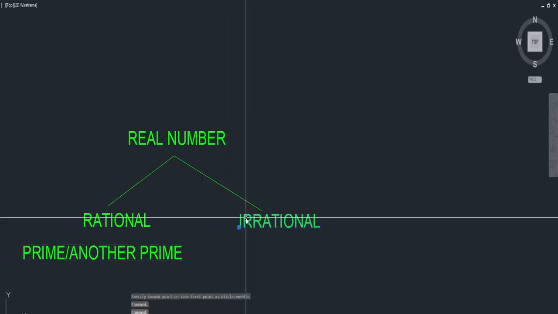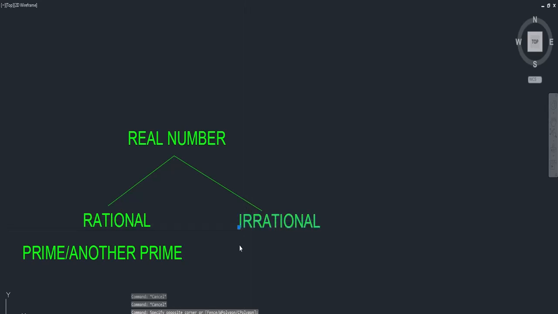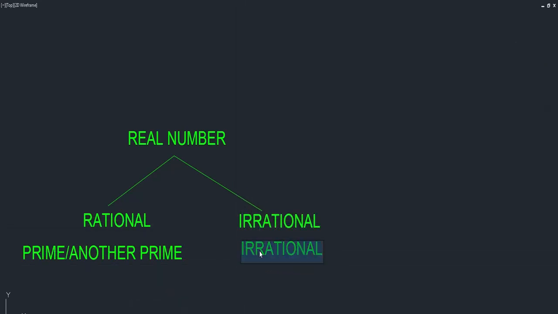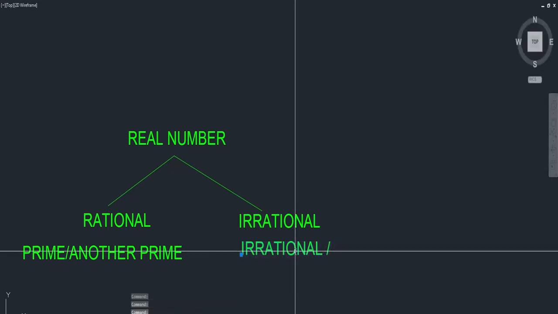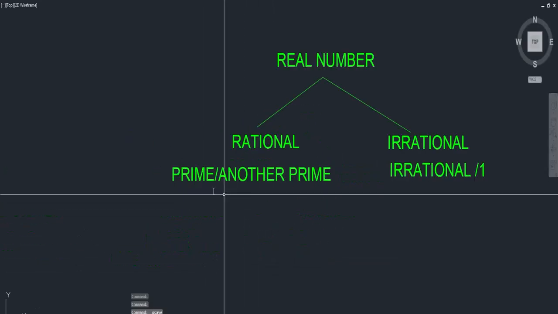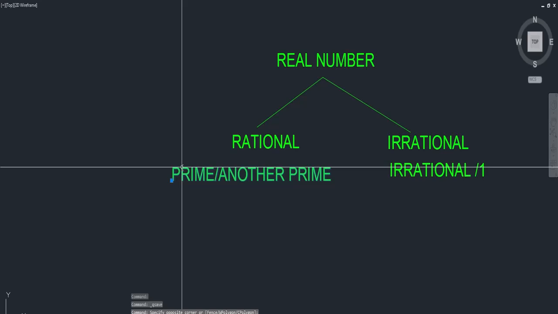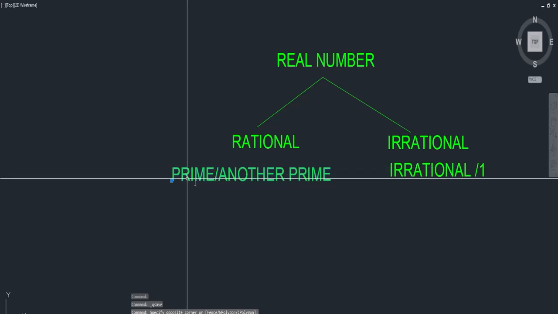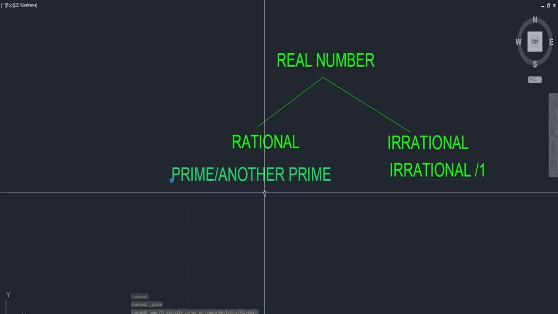Irrational numbers are just that irrational number by 1. So ultimately an irrational number is that irrational number divided by 1. So ultimately the numerator is a line segment which has a length, and the denominator is also a line segment which has a length.